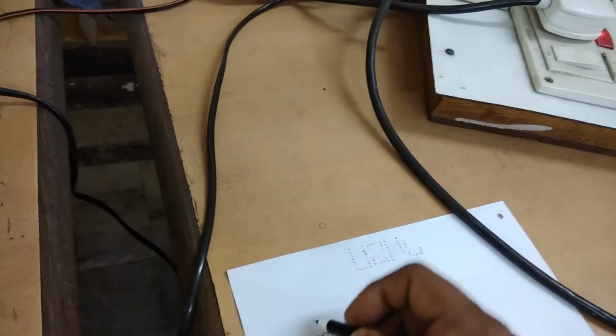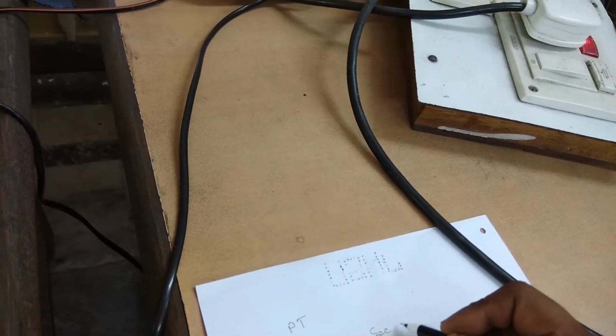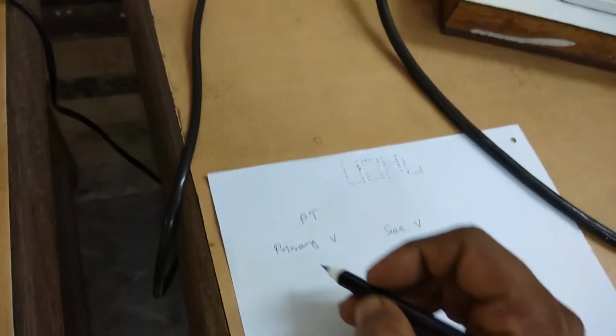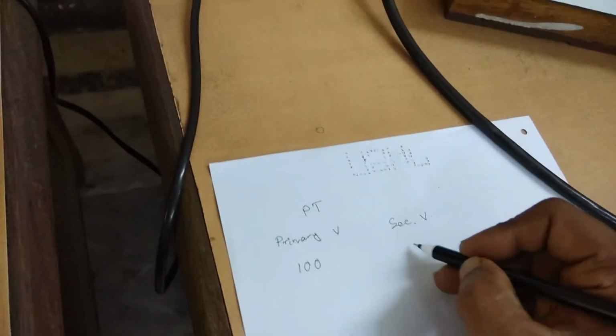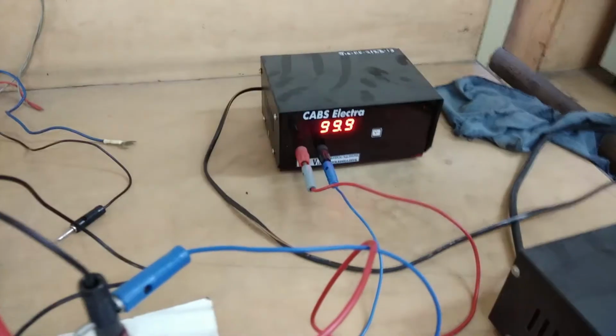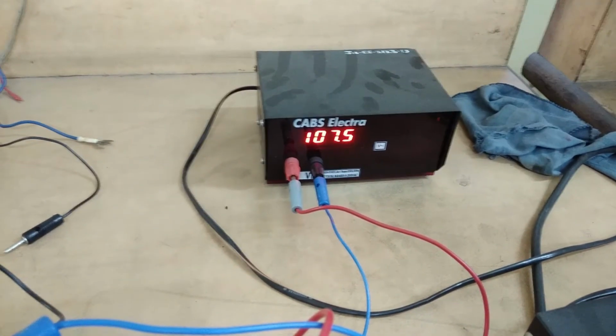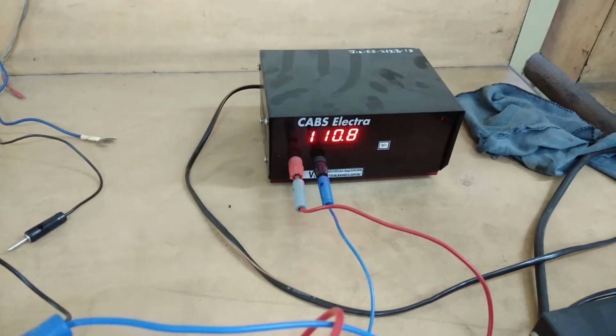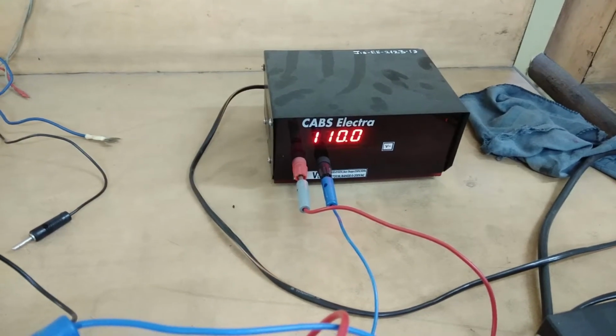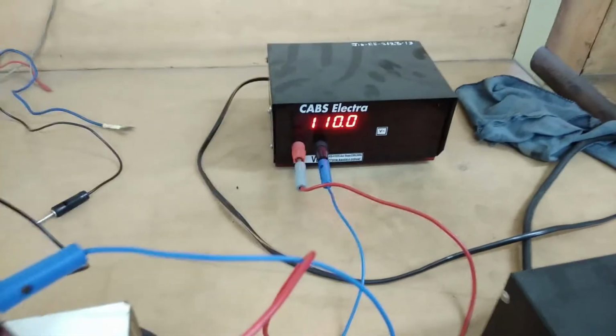So at first, primary voltage is 100, secondary voltage is 26, and then I will increase the primary voltage to 110 volt.